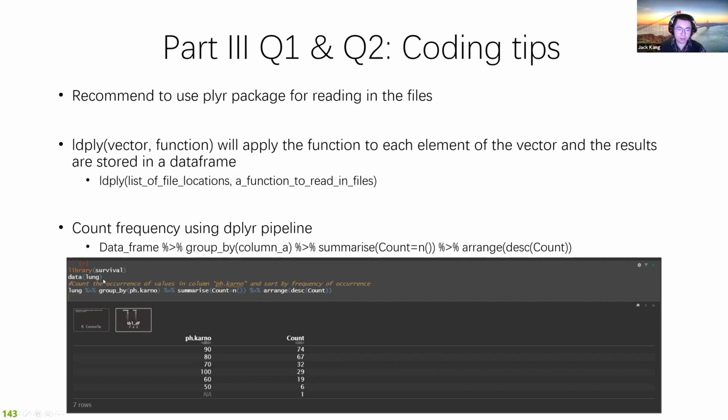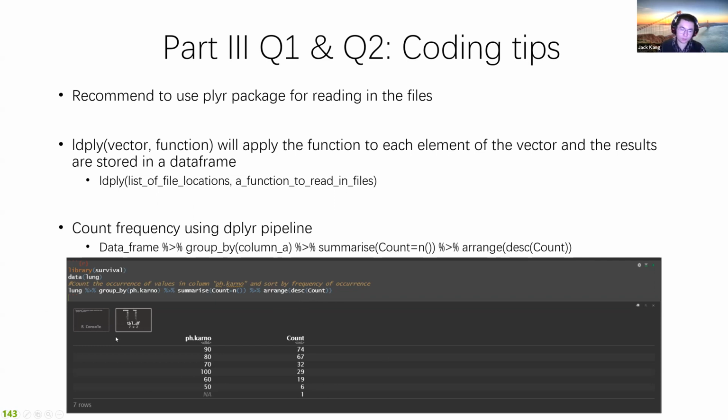Say you get a data frame, you want to count the frequency of values in column A. You need to first group by the column, and then you summarize it. You count it using the summarize function, and to count frequency, you use n, and you can store the frequency you got in a new column called count. And you can further arrange the frequency in descending order, so you know the top ones are the most frequent values.